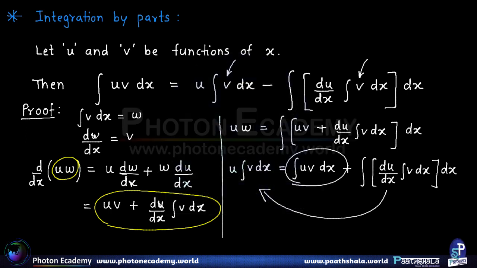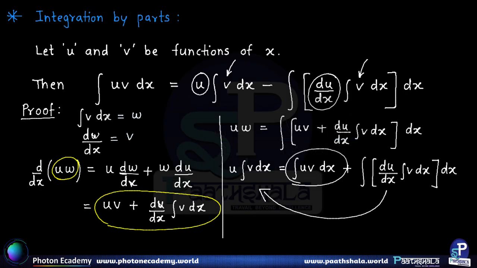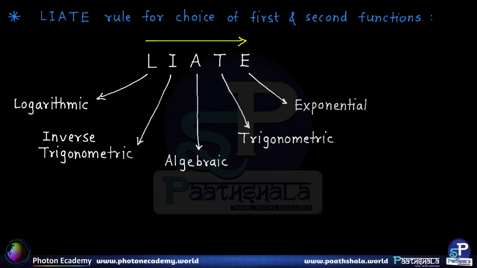So u is relatively more difficult to integrate as compared to v. What happens to u is either it remains as it is or it gets differentiated, alright? So we use a rule called the LIATE rule to choose which function should be considered as u and which as v. So let us see what that LIATE rule means.